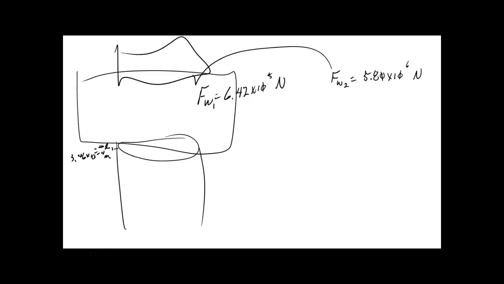How much is the column compressed then? So now we're asking what's your new delta L, your number 2 delta L. That's the unknown. How would you begin?